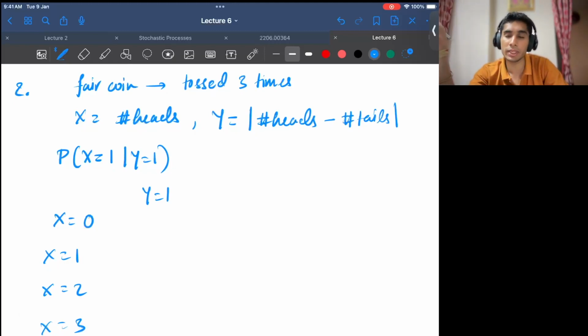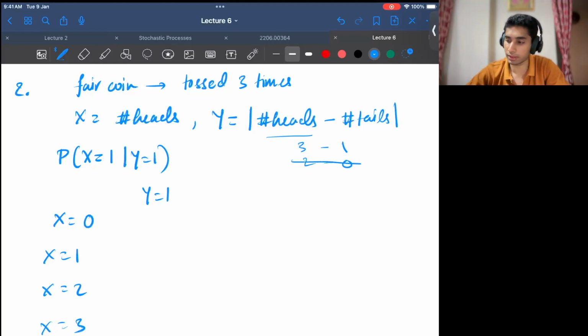For the difference to be equal to two, one of them has to be equal to 3, right? Either it can be 3 minus 1, which is equal to 2, or it can be 2 minus 0. But this case is not allowed because you have to toss the coin 3 times. And this case is also not possible, because then you would be tossing the coin 4 times, which is not the case.